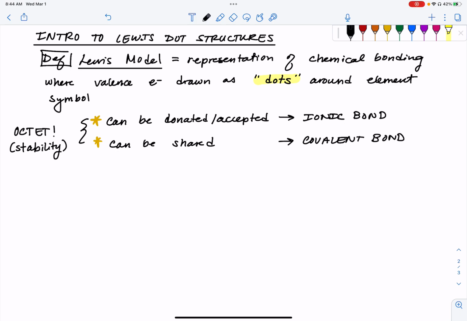So let's talk some language that you will see and some symbolic stuff that you will see when drawing Lewis dot structures. So you will see things like an electron is represented by a dot, specifically a valence electron.